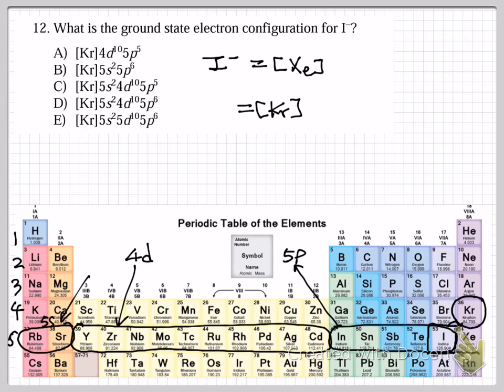So once again, this is 5s, 4d, and 5p. In 5s, 2 electrons can be accommodated, in 4d, 10 electrons can be accommodated, and in 5p, iodine itself would be 5, but now having one more electron, it will be 6.